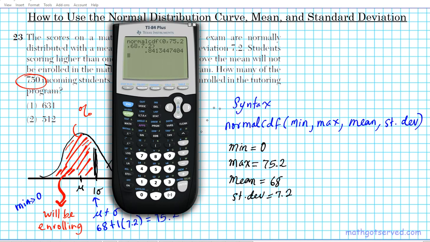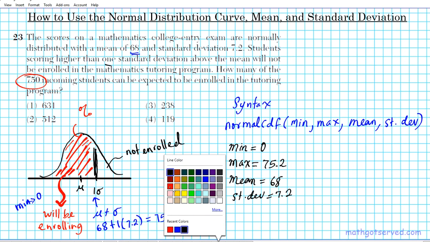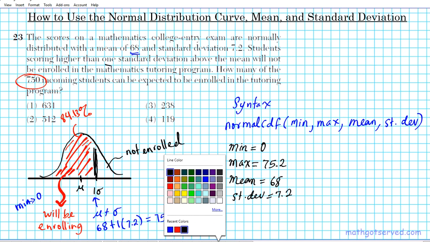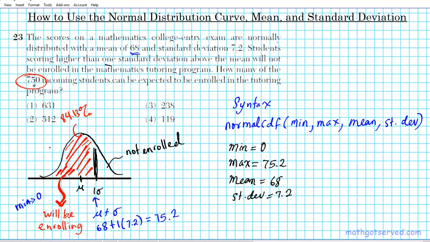So let's put that 84.13% in here. We're looking for 84.13% of the total population.